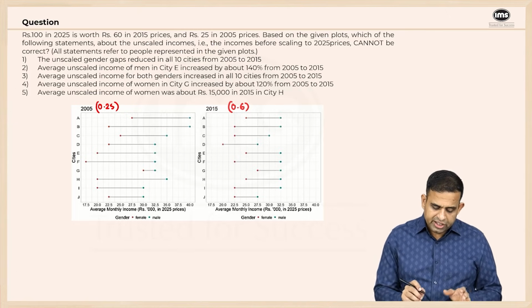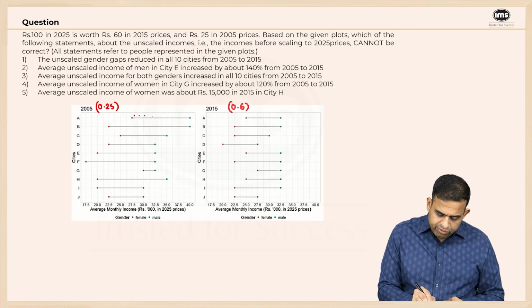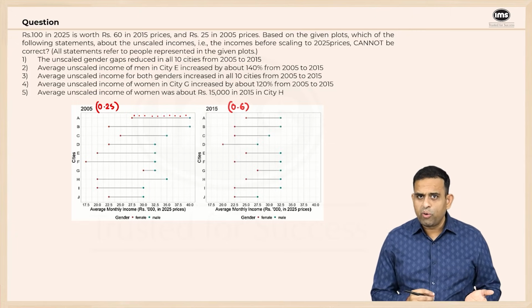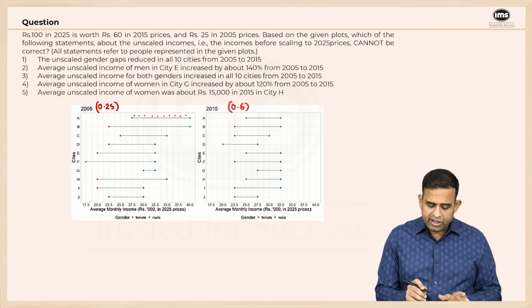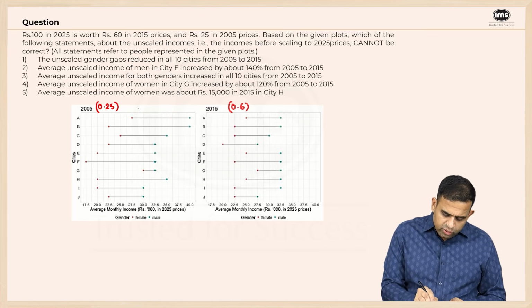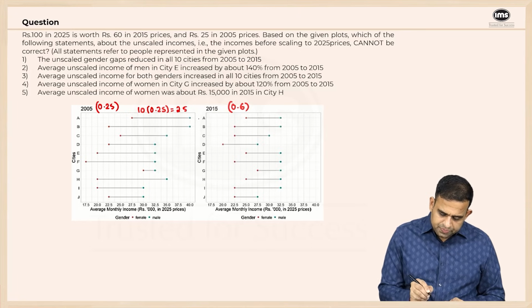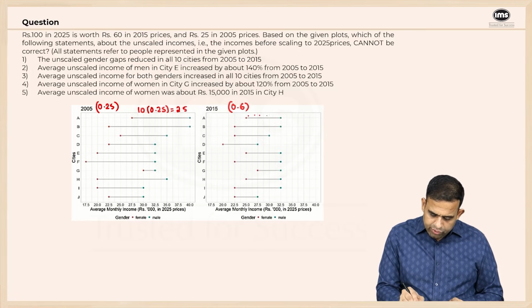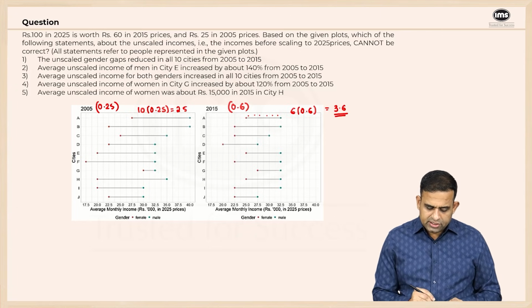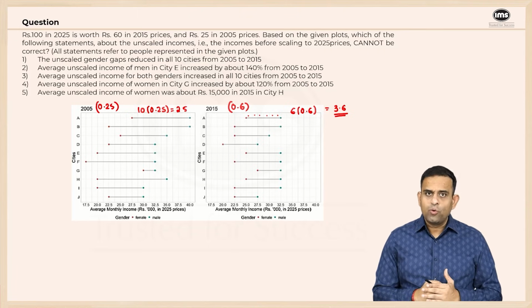For example, if I look at city A, 1, 2, 3, 4, 5, 6, 7, 8, 9, and let's say 10 blocks are there, which is 10 into 1.25, so a gap of 12.5 or 12,500. But again, I would deal in terms of blocks only. So 10 into 25% of that will give you a 2.5. 1, 2, 3, 4, 5 and 6. So 6 into 0.6 will give you a 3.6. So clearly one can say it has increased in city A over here.